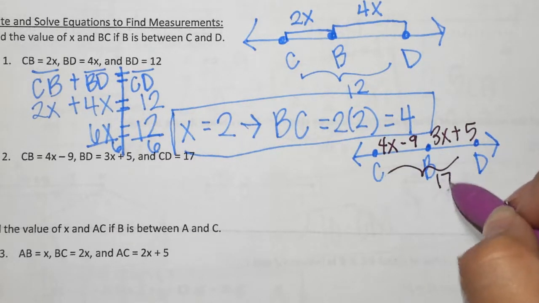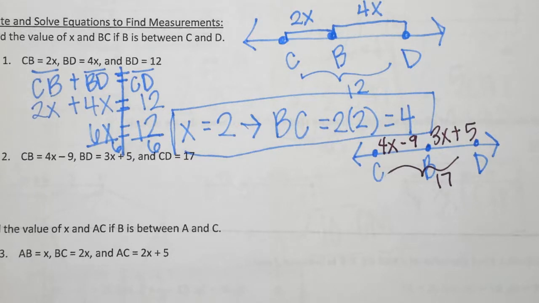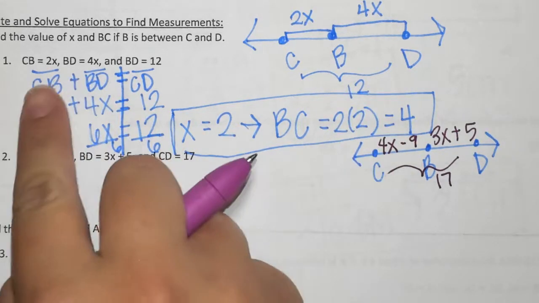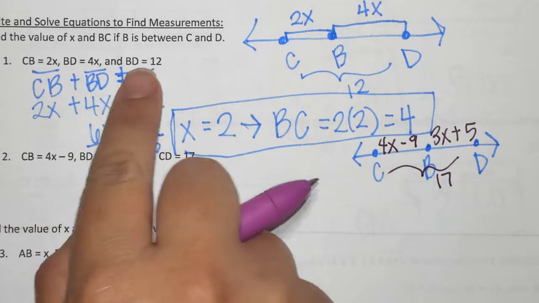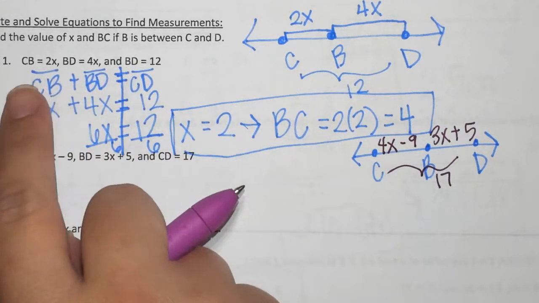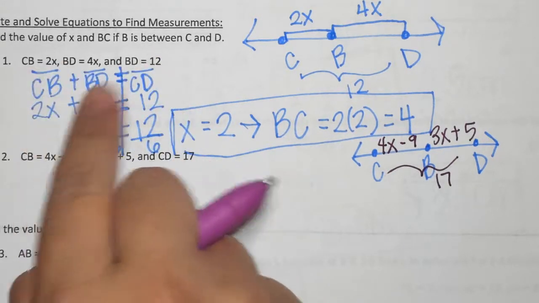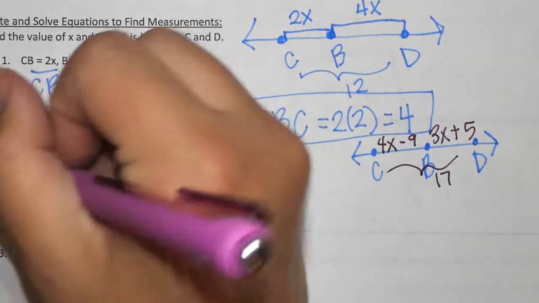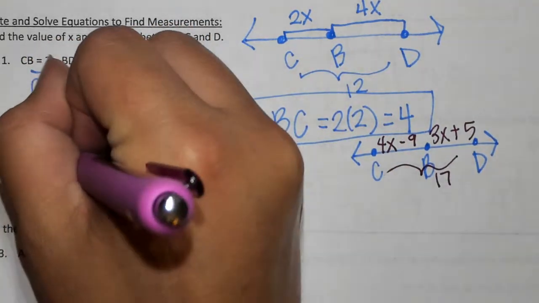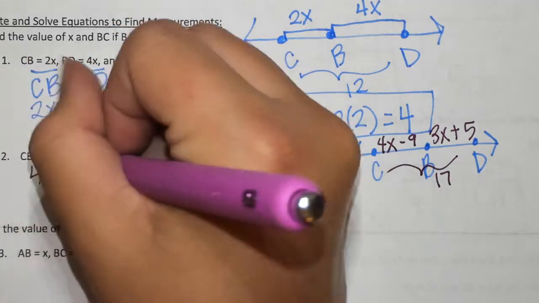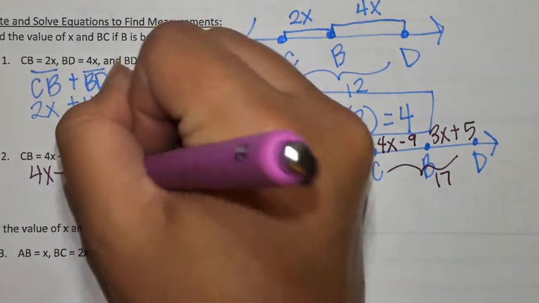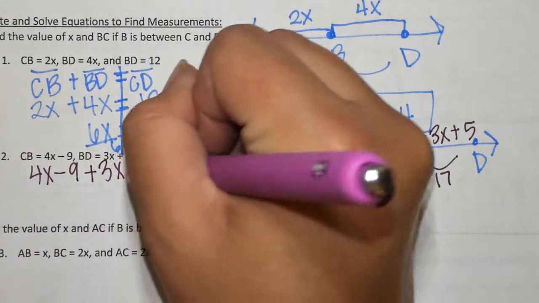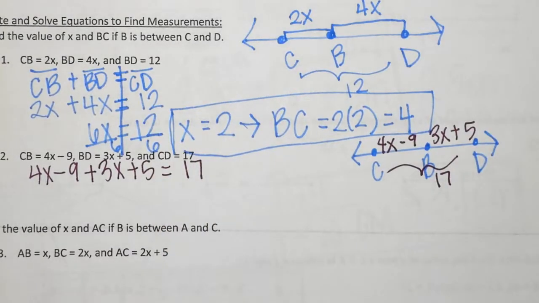Whole thing is 17. So I already have the formula written up here, so I'm not going to write it again because you can look at the same formula up here. Now plug these in. 4x minus 9 plus 3x plus 5 equals 17.